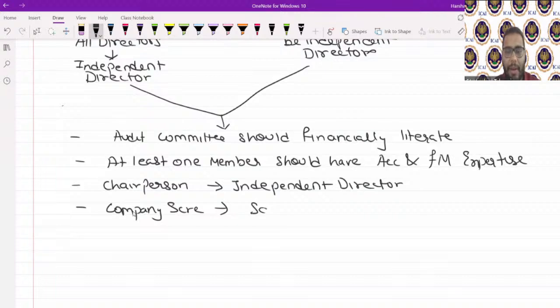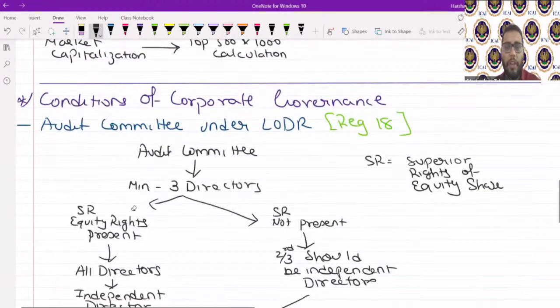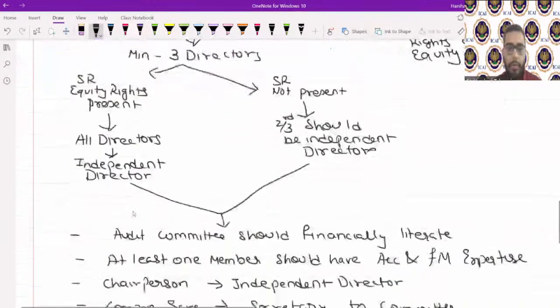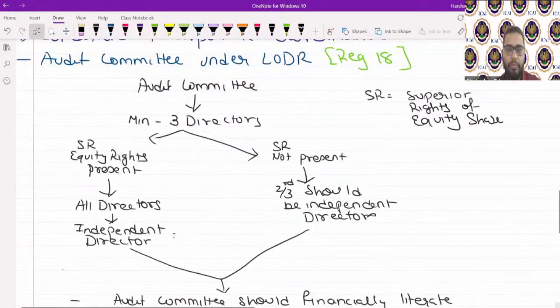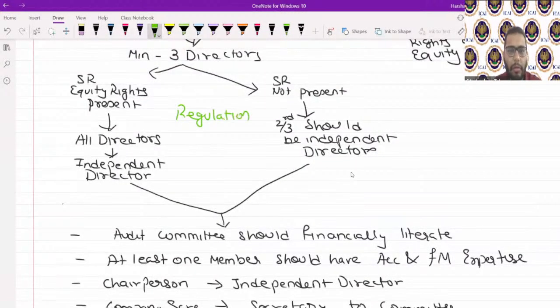Now, this was related to the qualification and expertise of the audit committee, the qualified independent audit committee. This whole regulation 18(1) we are talking about.